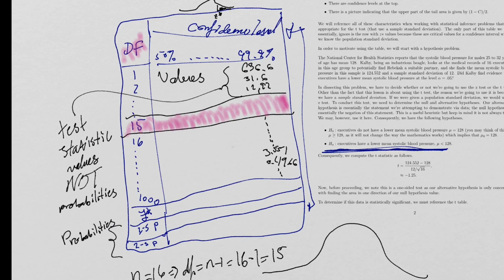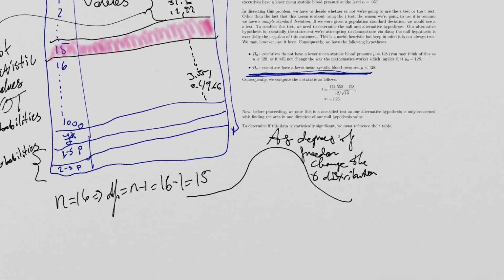And this is because as the degrees of freedom change, the t distribution also changes. Okay.